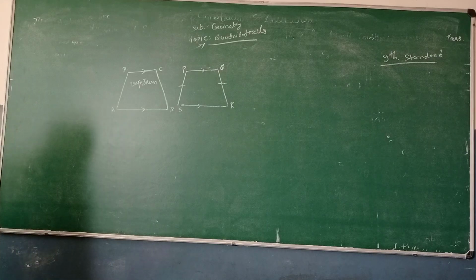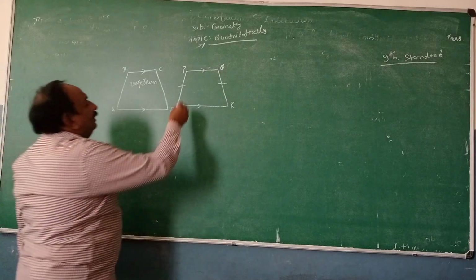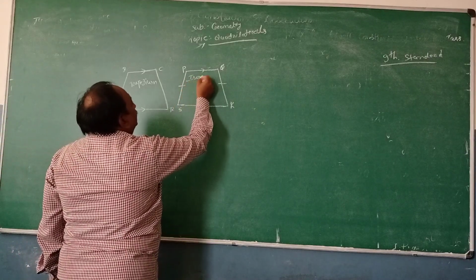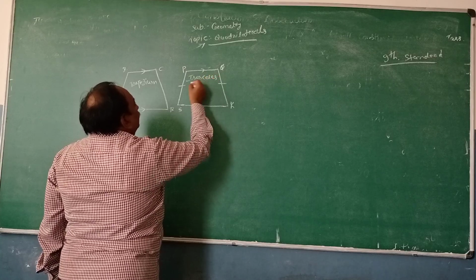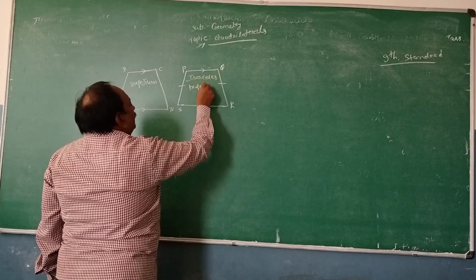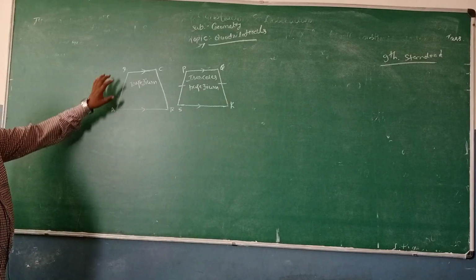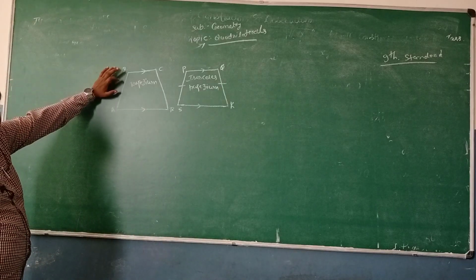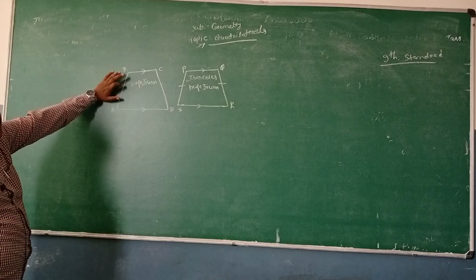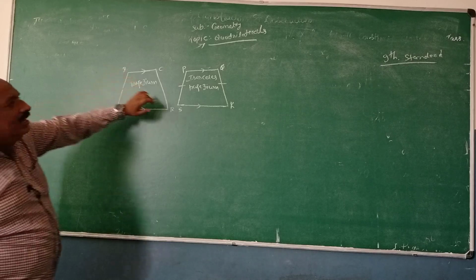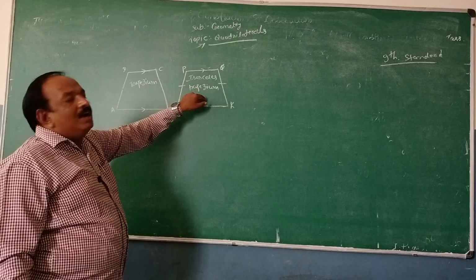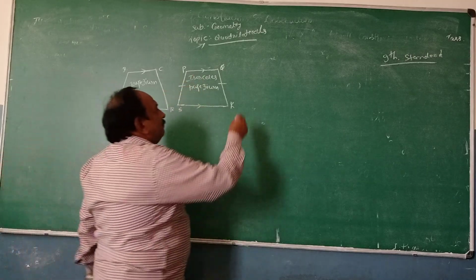If the non-parallel sides are equal, we call it an isosceles trapezium.